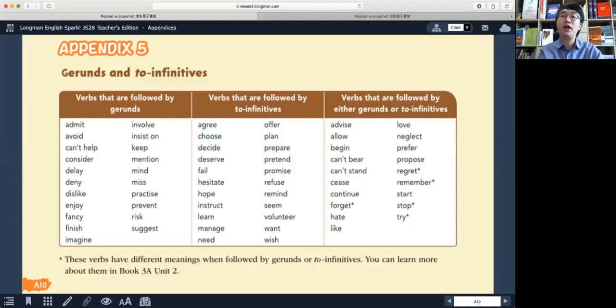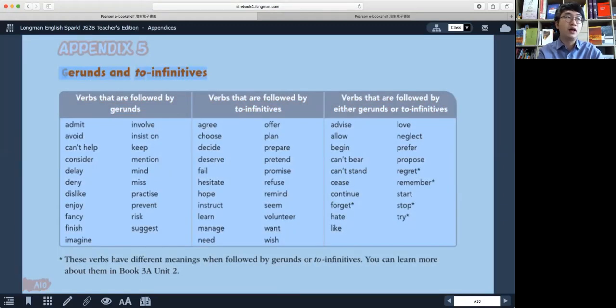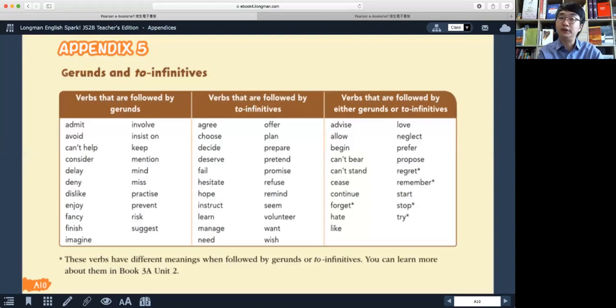Let's have a quick recap of this table. There are 3 columns, so this is Appendix 5, page A10 of your book. So this table has 3 columns. For the first column, there are verbs that are followed by gerunds.